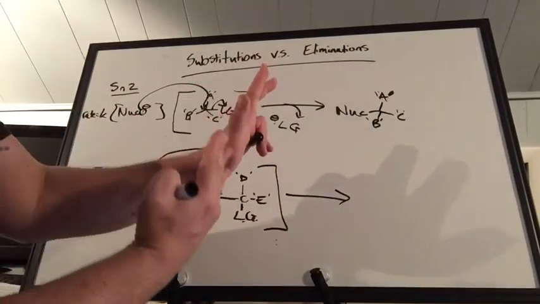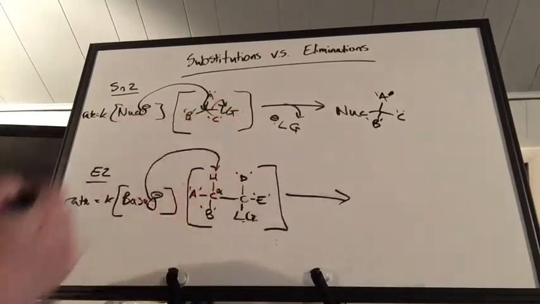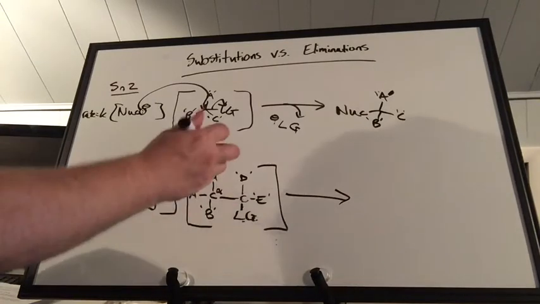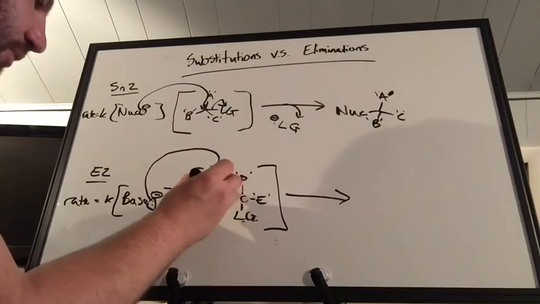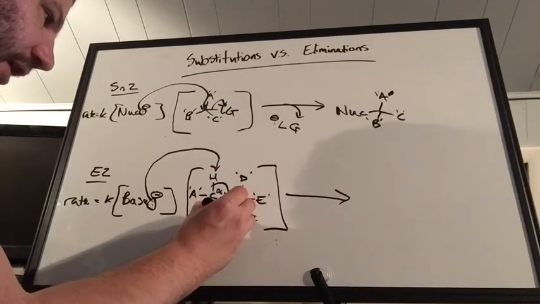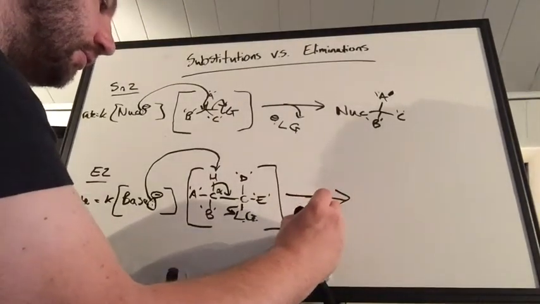So they're going to be in the same spot right here if we were to turn this around 90 degrees and put it in front of you. Okay, so when this hydrogen is stripped off, these electrons basically just cascade down and kick off that leaving group. Okay, so once again the leaving group goes.